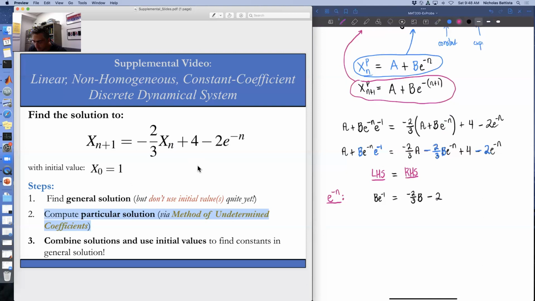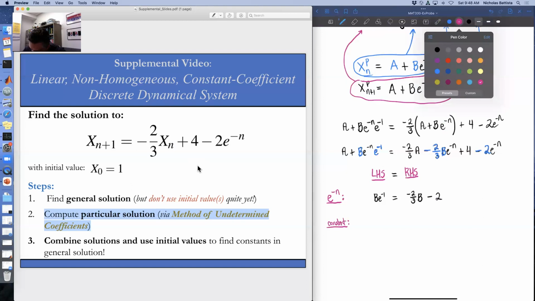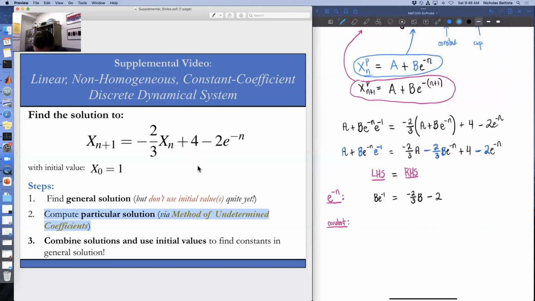Now we can do the same thing for the constant terms on the left and right side. If we look at what the constant terms are on the left and right side, on the left side, it's just whatever this a value is.